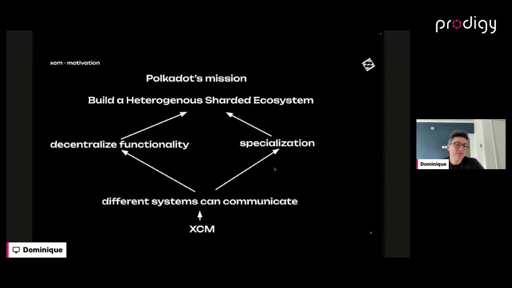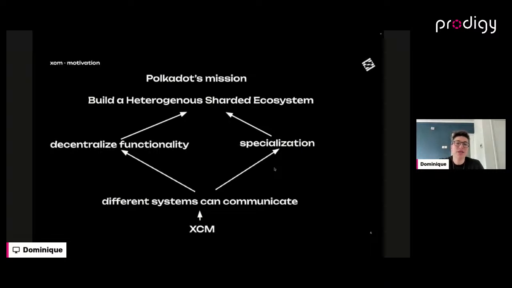So have a chain or a system, depending on what is built, that is more specialized, and a whole ecosystem more decentralized. And then on the fourth level, that means we can build a heterogeneous sharded ecosystem, which is another way of saying different decentralized parts.